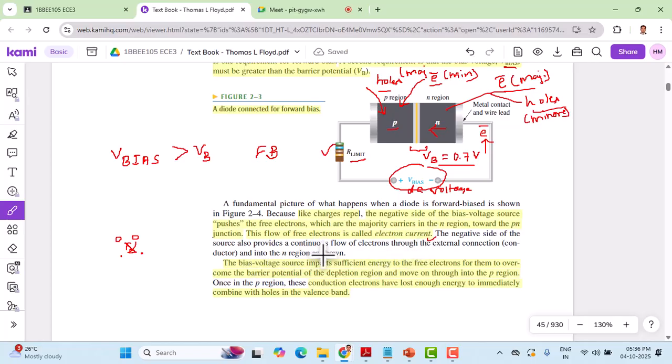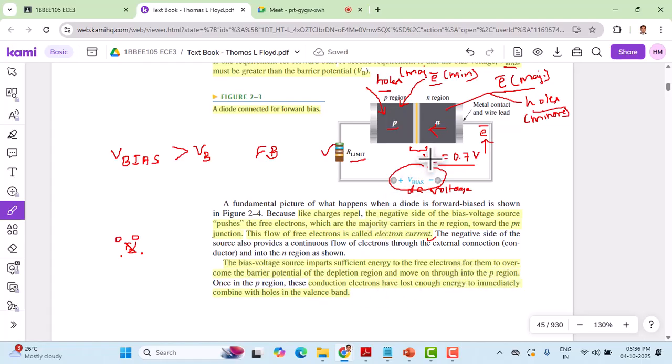And the opposite happens on the P side. Whatever we say for the N side, the opposite happens on the P side. The bias voltage source imparts sufficient energy to the free electrons for them to overcome the barrier potential of the depletion region and move on through into the P region.